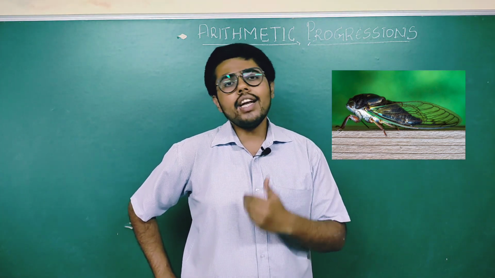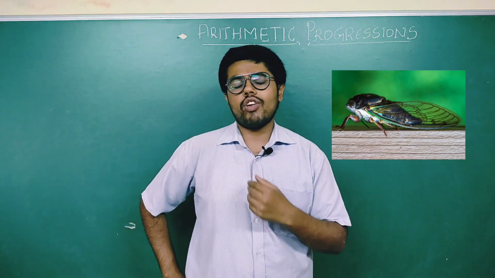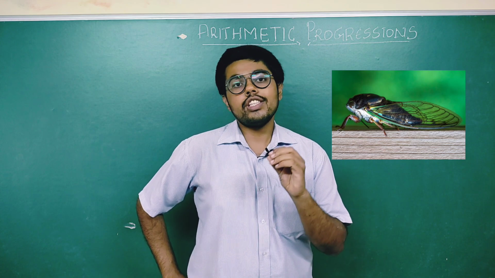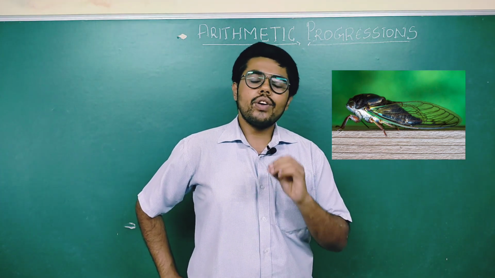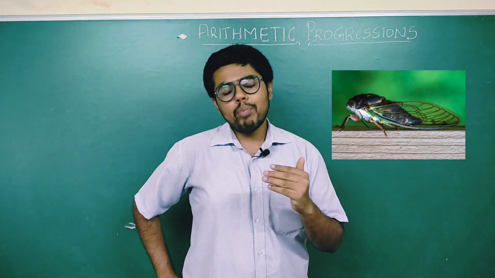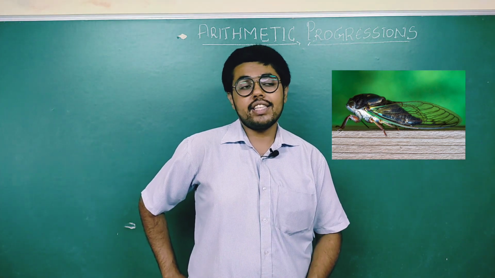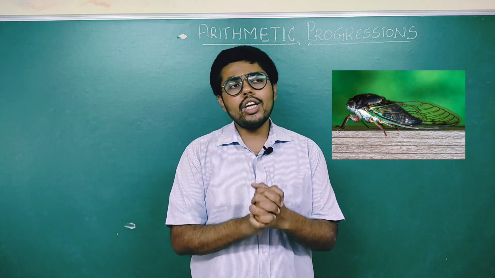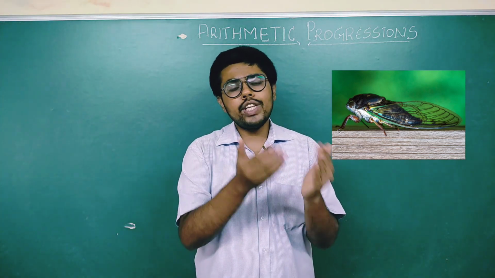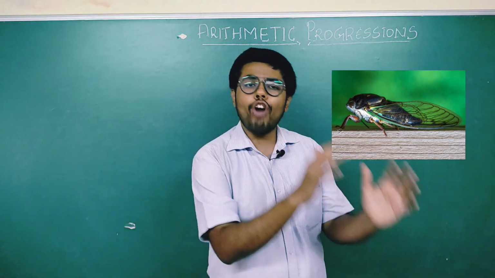So all were wondering what pattern they follow. Then recently we have a hypothesis which says 13 and 17 are prime numbers, so divisible only by 1 and themselves. The scientists say that only in 13 or 17 years the population of the predators, the animals which eat these insects, falls down.